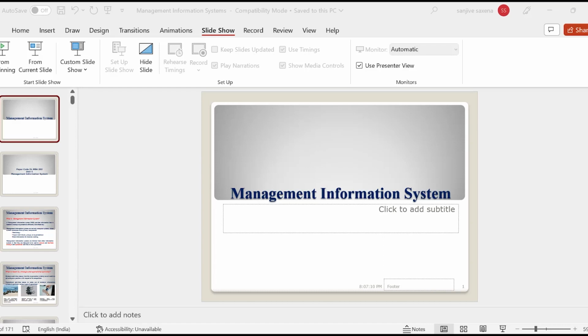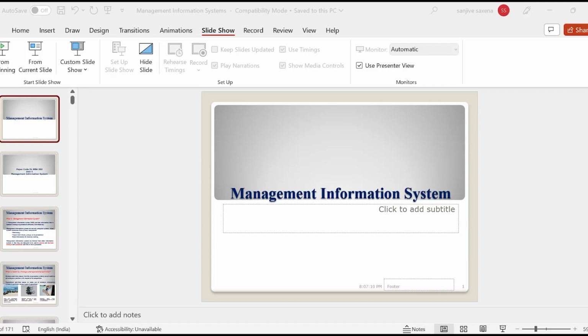So let's now move on to unit 1, which is management information system, and let us see how it is applicable in a day-to-day scenario. In day-to-day scenarios also, we use management information systems to take most of the decisions that we have.